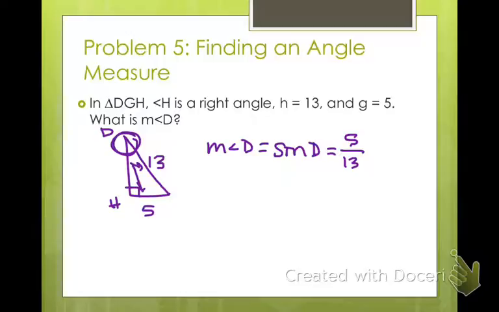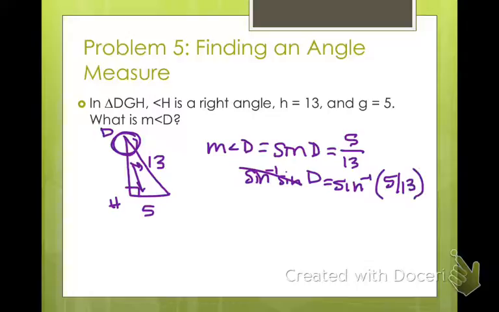So what we do is we take sine inverse of both sides. So the sine inverse of the sine of D, these cancel each other out. So you put into your calculator sine inverse of 5 over 13. What does angle D measure to be? You should get about 67.38 degrees.